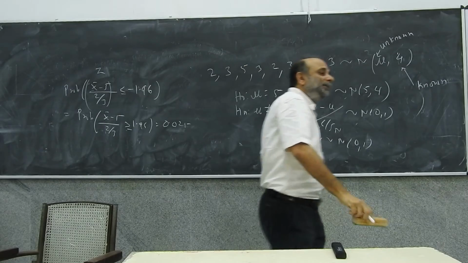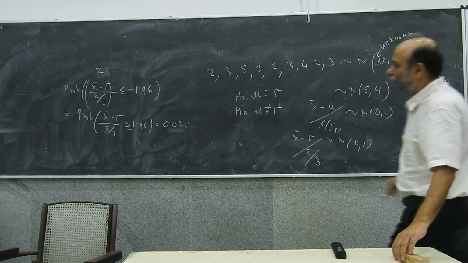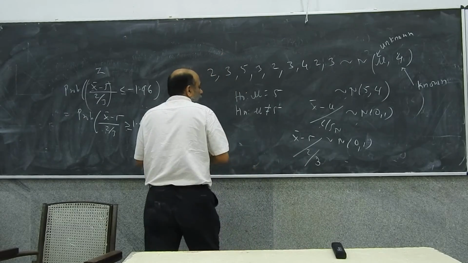Okay? Now what is x bar? The only unknown quantity there is x bar. What is x bar in this case? 3? Oh. So let me put 3 here. So what is the quantity that I get?